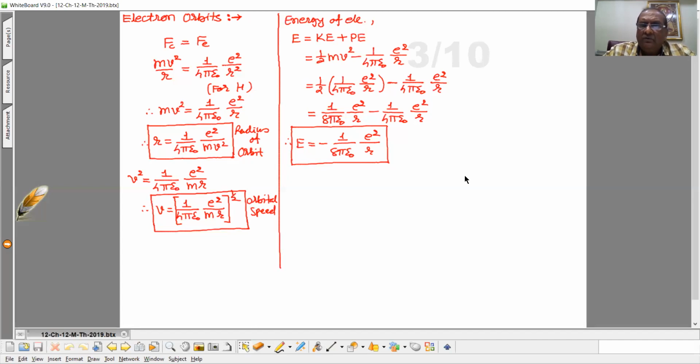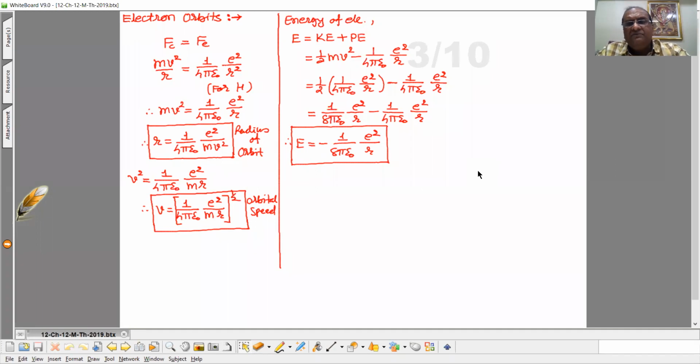Okay. Now when an electron is revolving in the orbit, then to sustain its circular motion, centripetal force is required, we know. Now the Coulombian force between the electron, which is a negatively charged particle, and the nucleus, which is positively charged, will provide the required centripetal force.